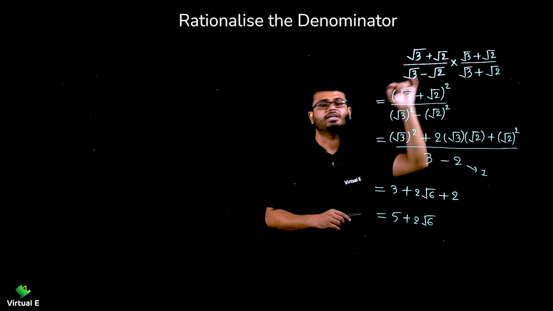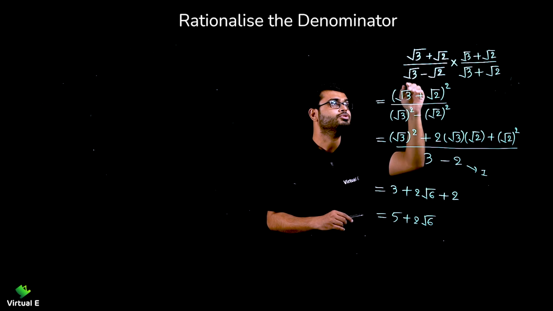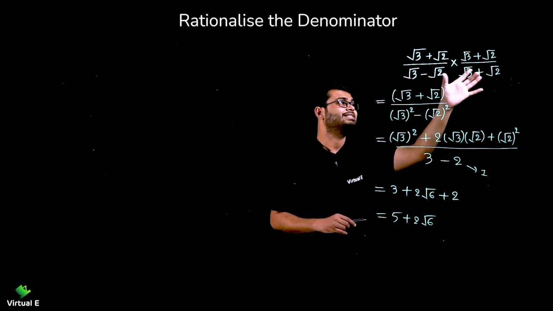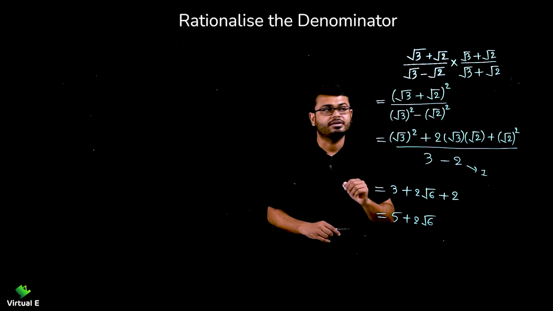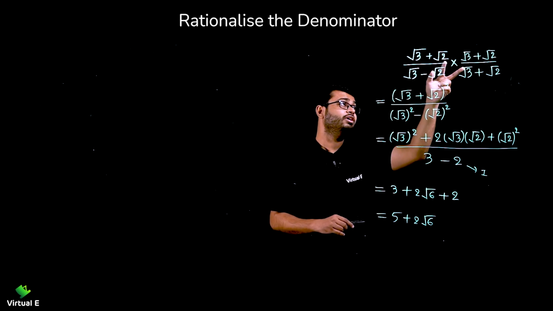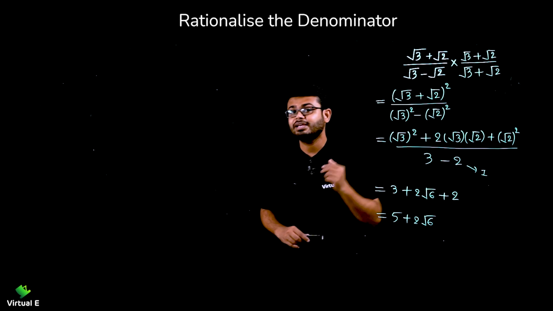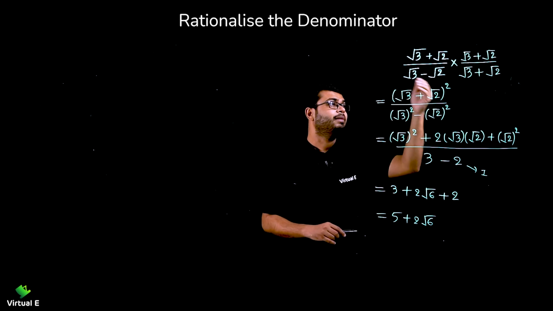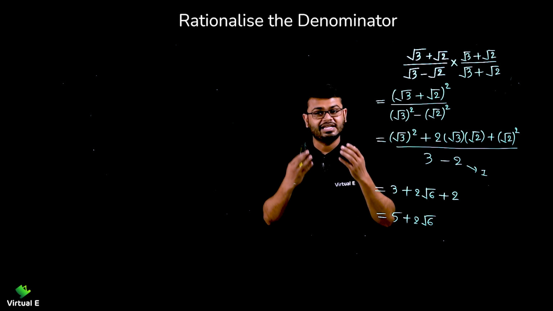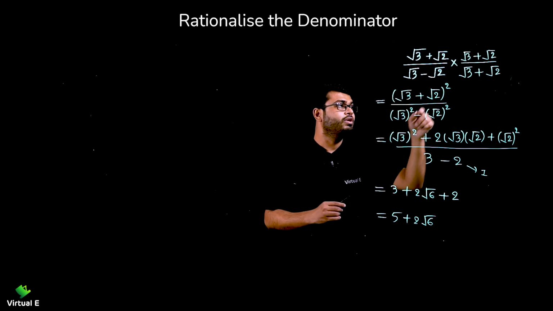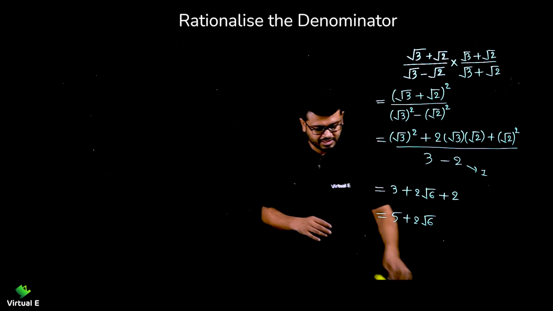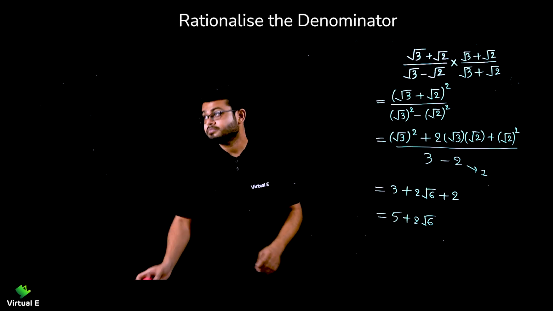First of all, start with the denominator, take the conjugate: root 3 and root 2 as it is, minus, then plus over here, exactly two terms in the numerator. Then if we observe that in the numerator we can apply the identity (a plus b) whole square, apply that identity, apply the identity in the denominator as usual, that is root 3 square minus root 2 square, simplify further and get the answer. Let's discuss one more question.